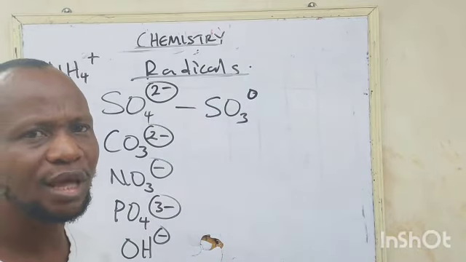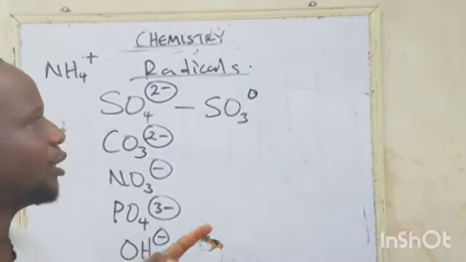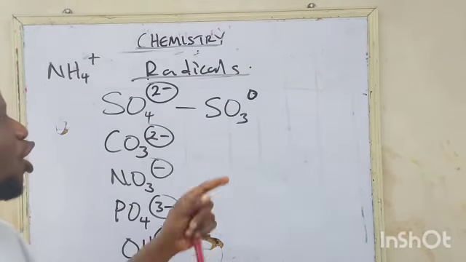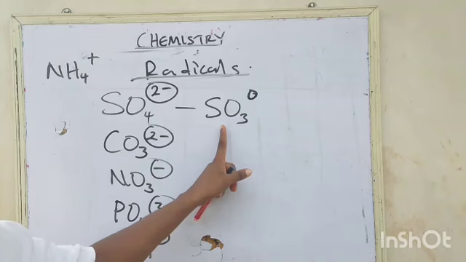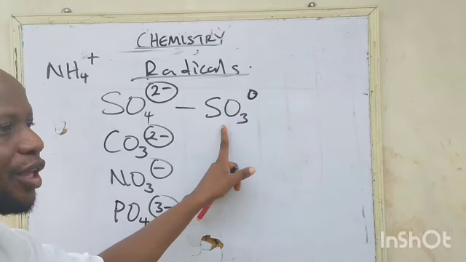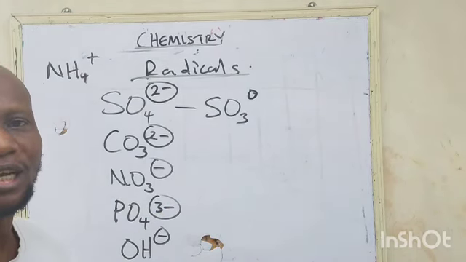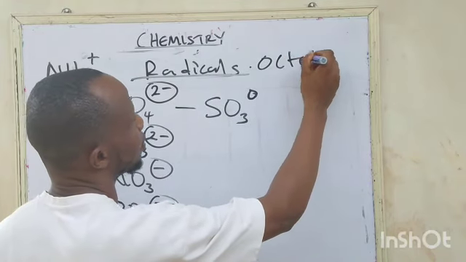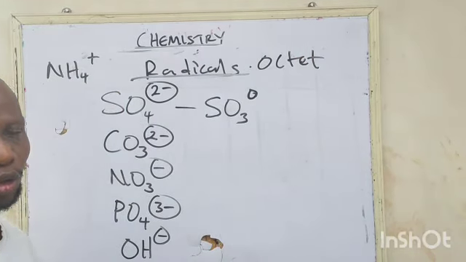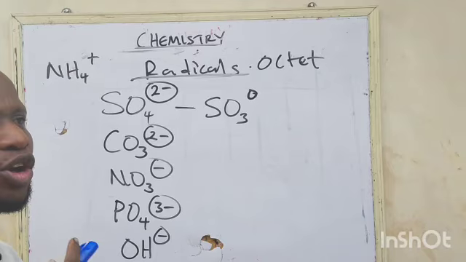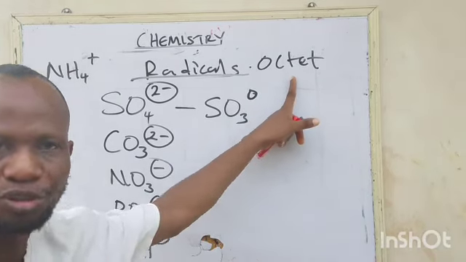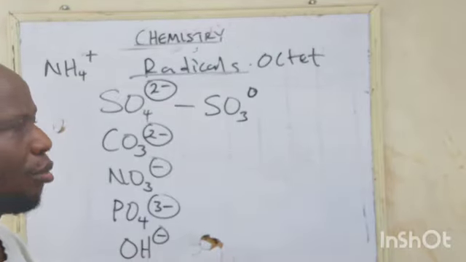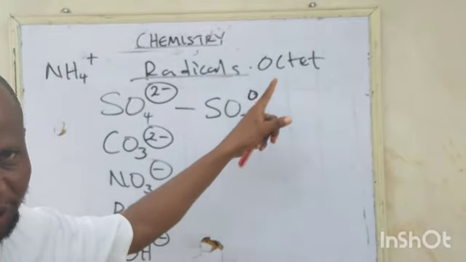Step 1 is you sum up the valence electrons of all the elements in the group, and then you see if it is obeying octet or not. Then what is the number left for octet to be reached, and that will determine their valence number or their charge.